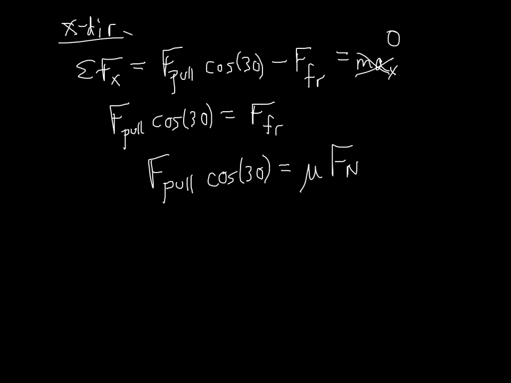We're going to label this as mu k. What does the k stand for? Kinetic, because this problem is friction where things are moving. So now we know F pull is equal to mu k times the normal force divided by cosine of 30.